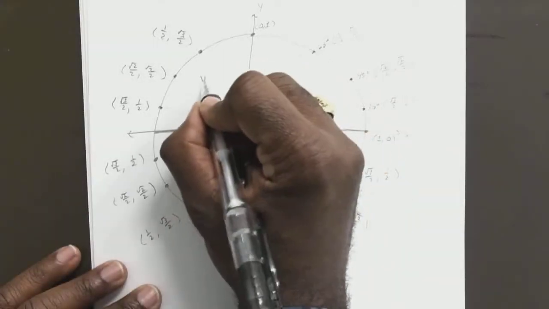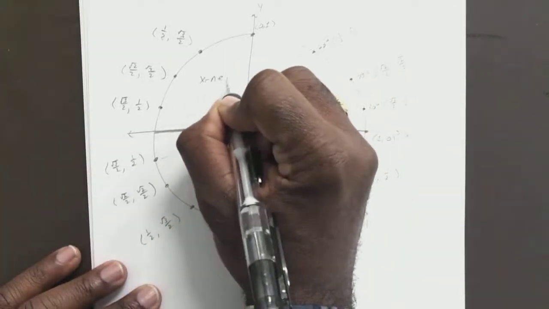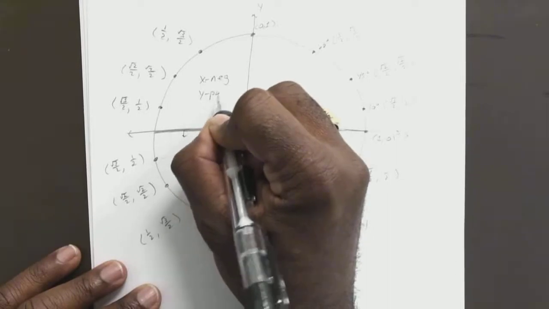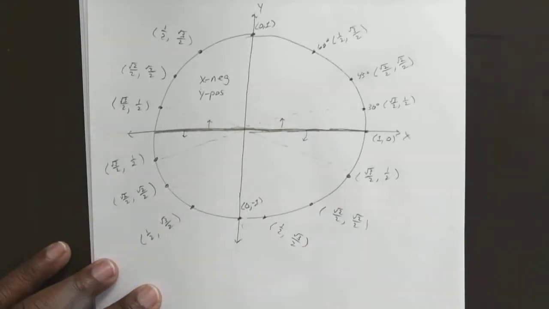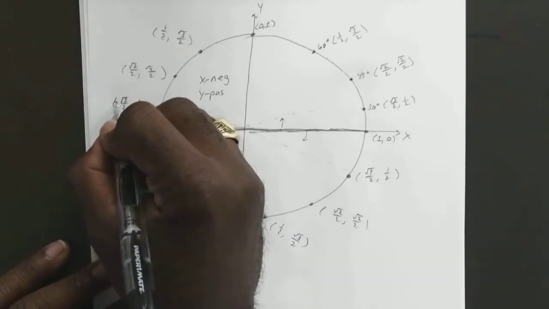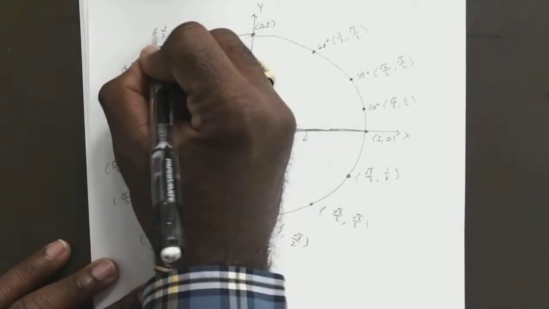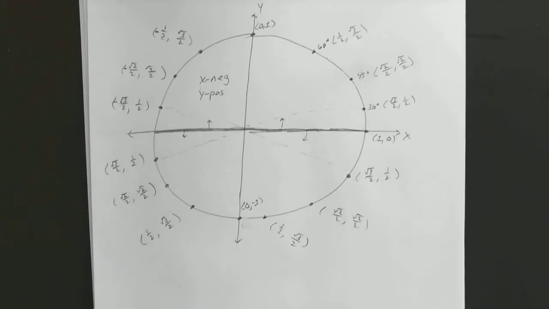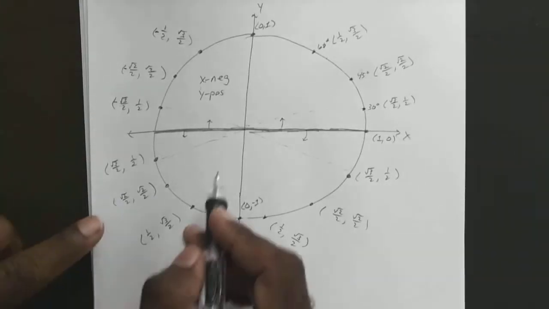Because remember, in this quadrant, x is negative and y is positive. So you're going to make all your x values negative. Other than that, they are exactly the same. Okay?